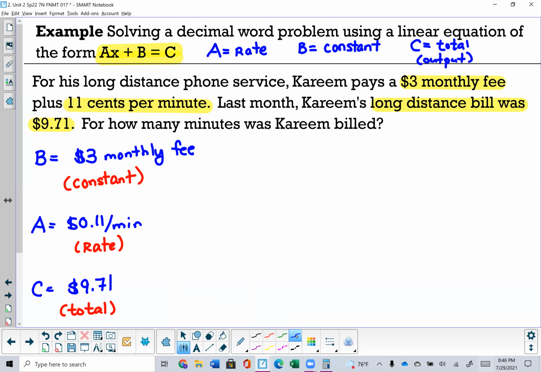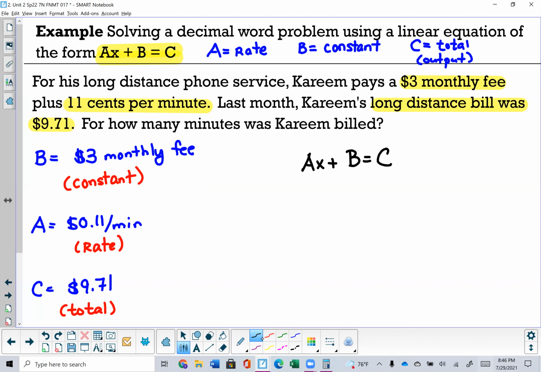All right, so if we follow this pattern, we have ax plus b equal to c. And I'm just going to make a little note here that x is representing the number of minutes used by Kareem on the phone.